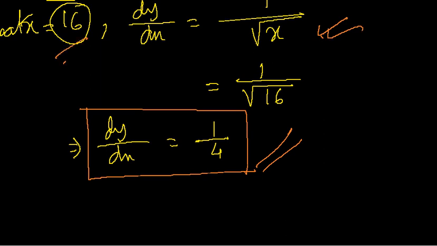Then at x equals 16, the value of dy by dx is 1 by root 16, and finally the gradient dy by dx is 1 by 4. This is the final answer.